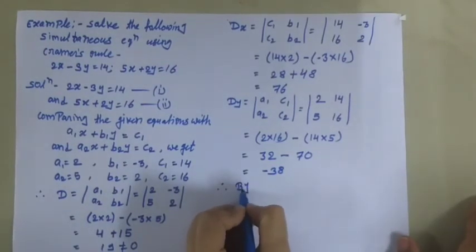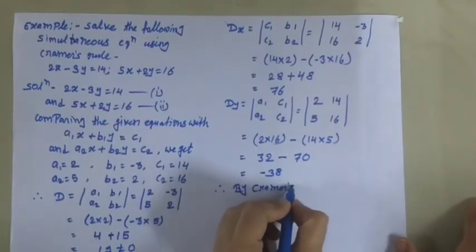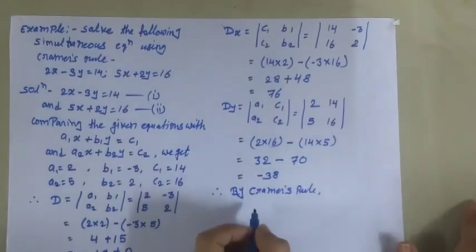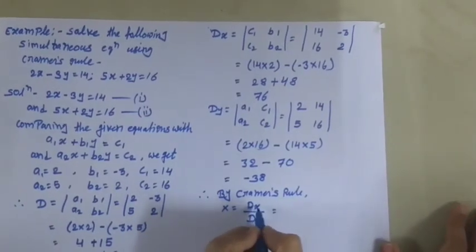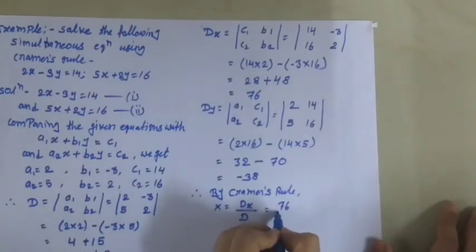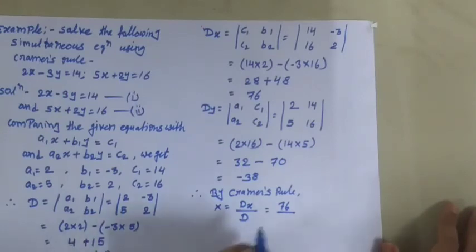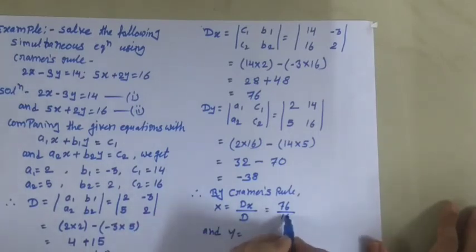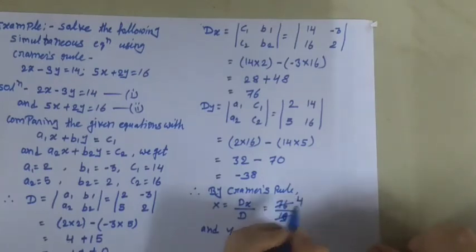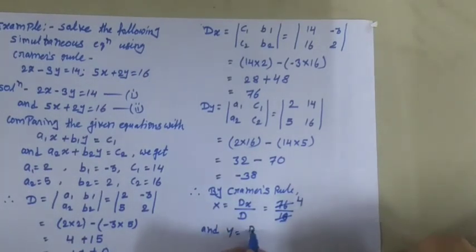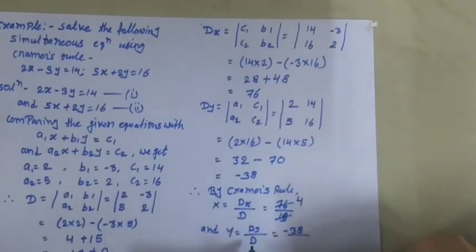Therefore, by Cramer's rule, we get x equal to Dx divided by D, equal to 76 divided by 19. 19 fours are 76. y equal to Dy divided by D, equal to minus 38 divided by 19. 19 twos are 38.